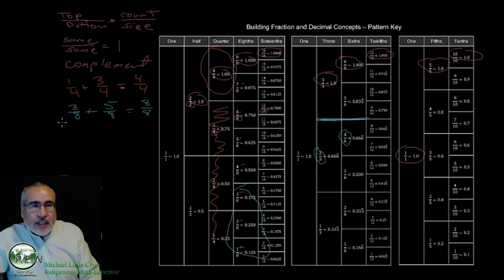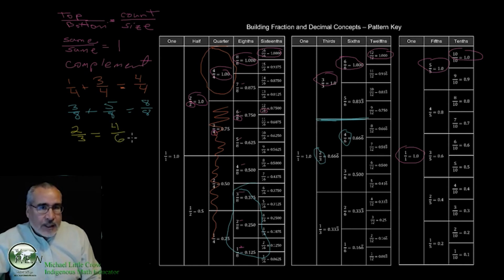But they're represented differently. So 2/3 is the same amount as 4/6. And we could have chosen any other equivalent fraction and we'd be fine.